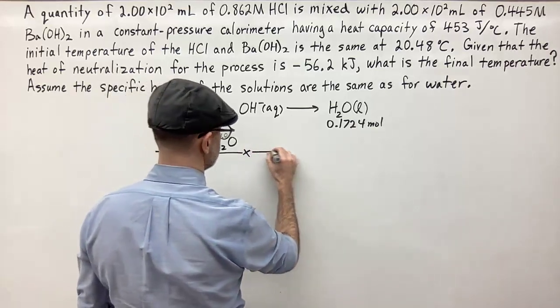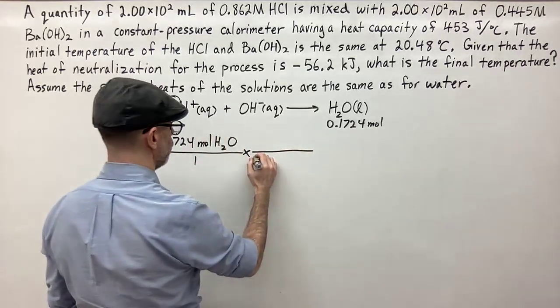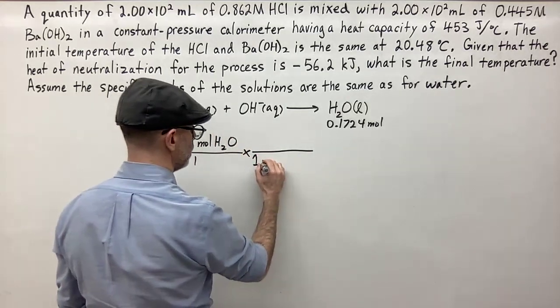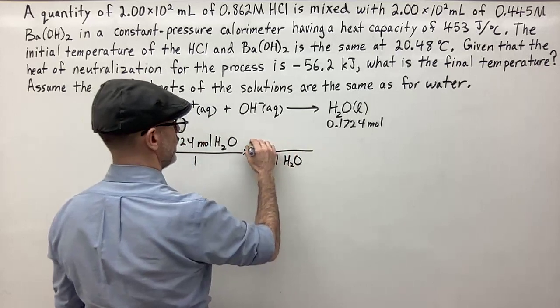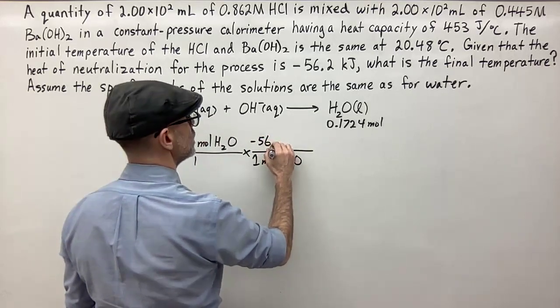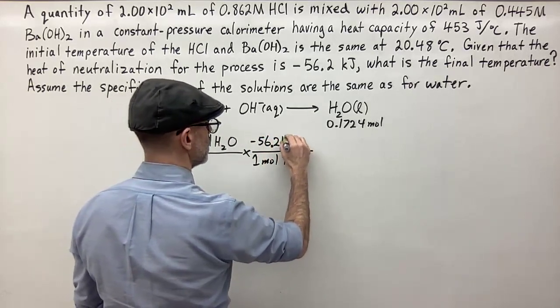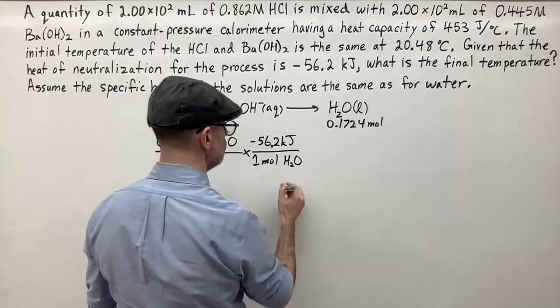So then, since we have moles of water here, we're going to put 1 mole of H2O, and then we got negative 56.2 kilojoules.